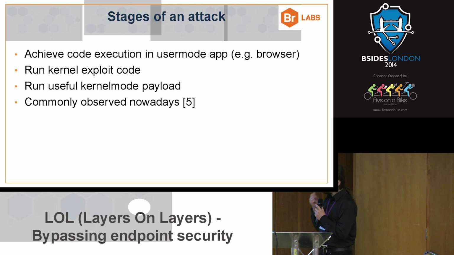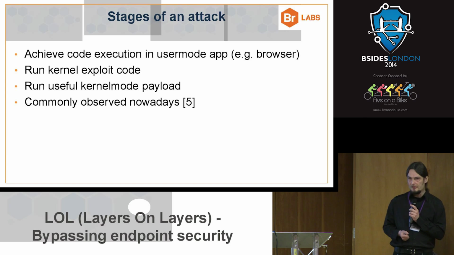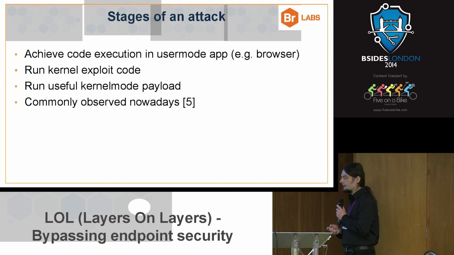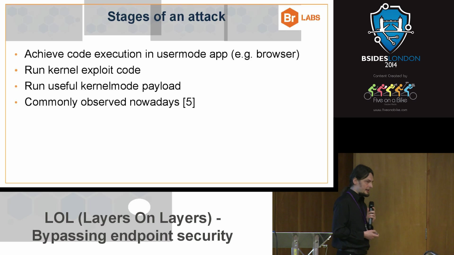And then the purpose of the exercise is the ability to run something useful in kernel mode, to do something useful with this ability. And again, these 3 steps of attack are pretty common nowadays, especially for skilled attackers.